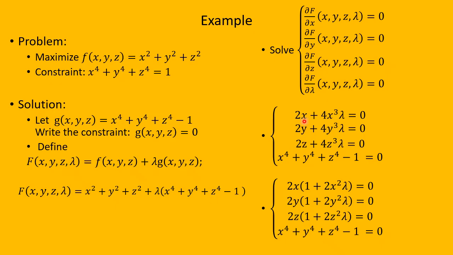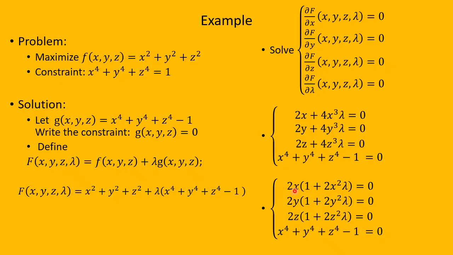Now, if we look at this, we can factor out an x from this side of the equation, rewrite it this way, factor out a y from this expression, write it this way, factor out a z from this one to write it that way, and leave this one the way that it is.